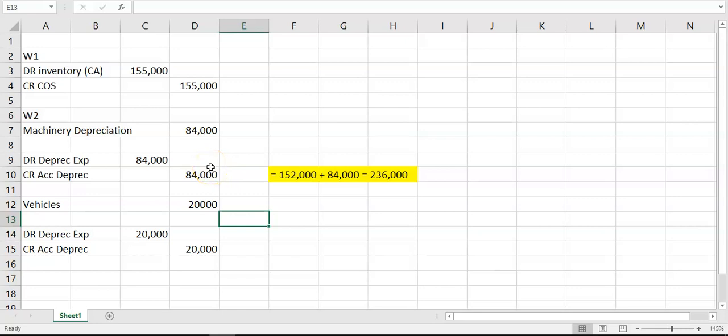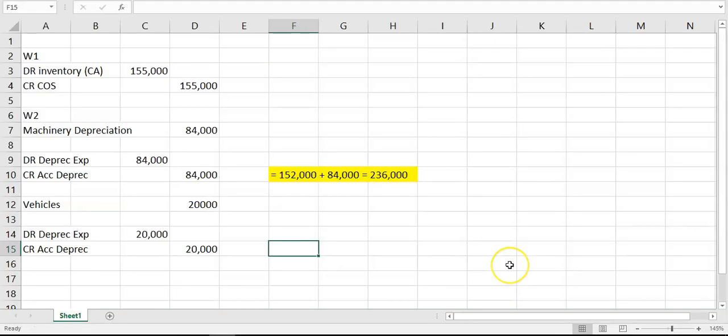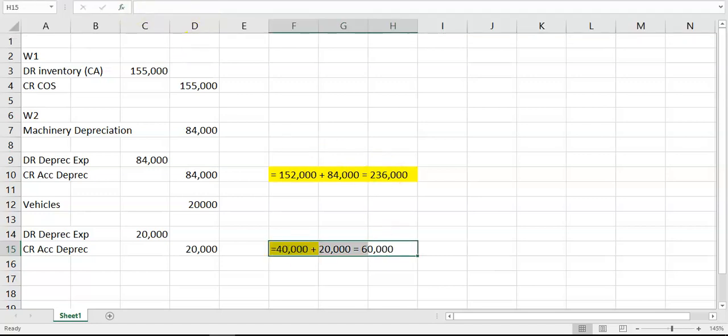Don't forget the opening balance of accumulated depreciation, which is in the trial balance. Same here: the opening balance of accumulated depreciation is 40,000, and you're adding on another 20, so the closing balance in the statement of financial position will be 60,000. Again, we'll slot that in. These are the two things going to our statement of financial position, just trying to prepare things as we go along. So that's our first two adjustments complete.